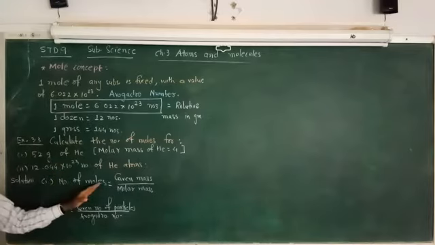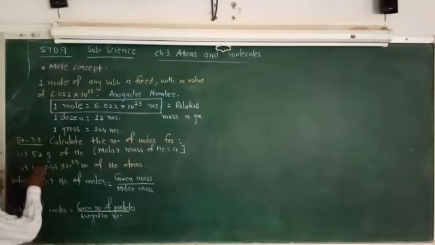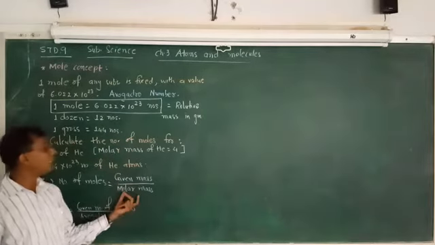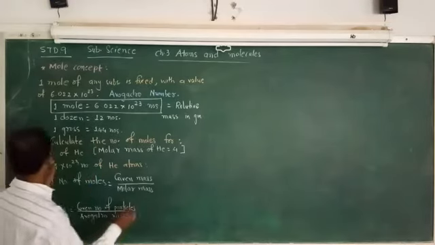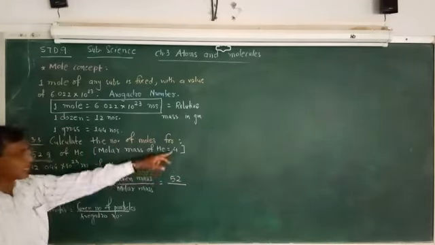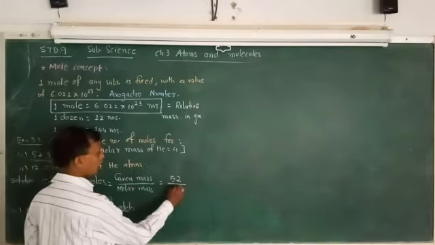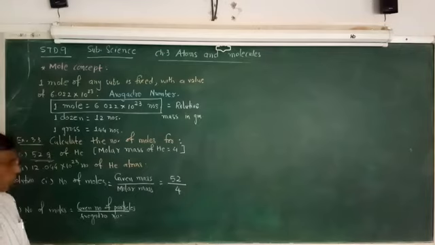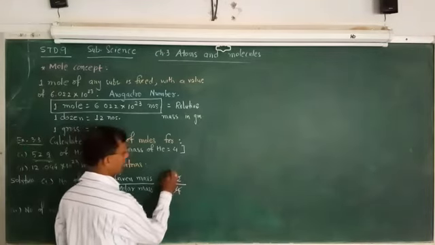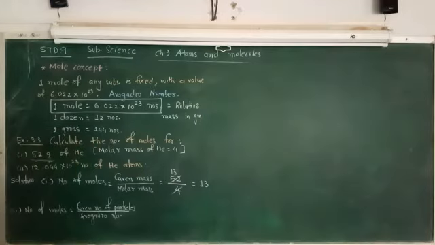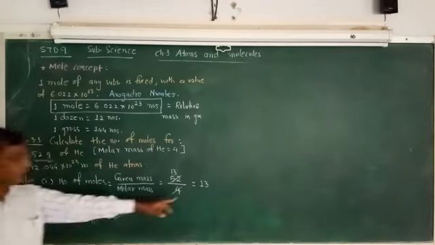Number of moles is given mass upon molar mass. The given mass is 52 gram and the molar mass is 4 gram. 52 divided by 4 is 13. So the number of moles will be 13.